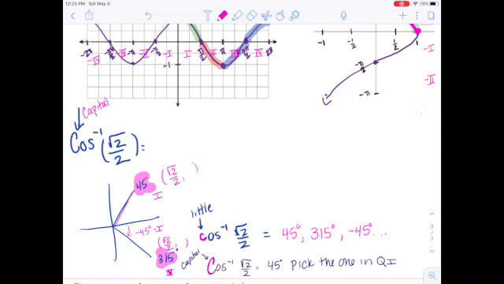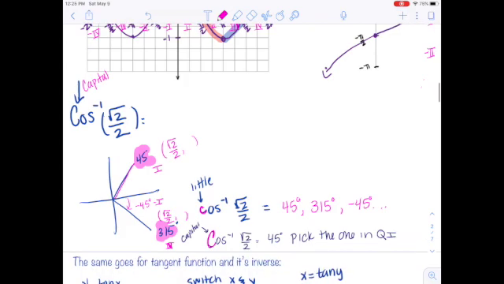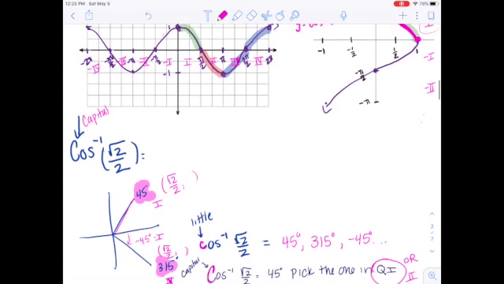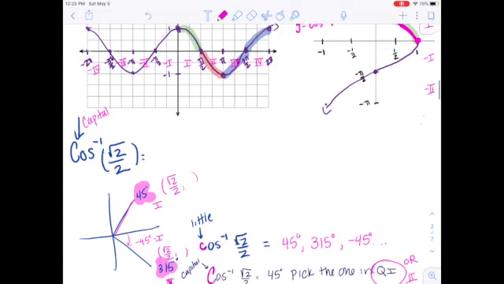Okay, now the second I make this a capital C, now I'm restricting the domain. I'm looking only for the angle that has a cosine value of root 2 over 2, but is from the first quadrant or negative first quadrant. Oops, or second quadrant, cosine.